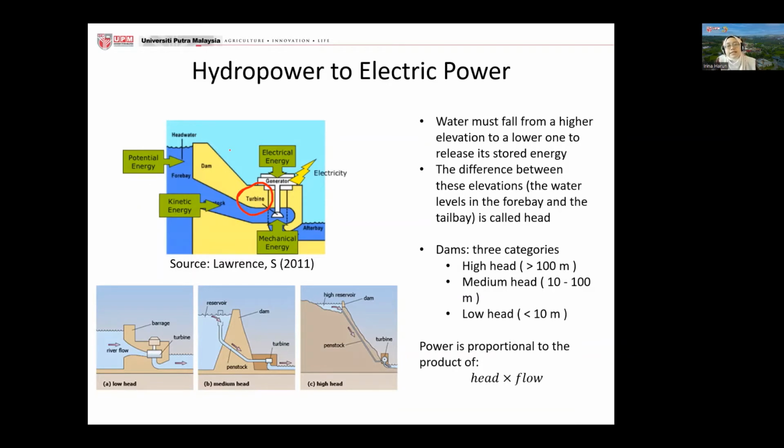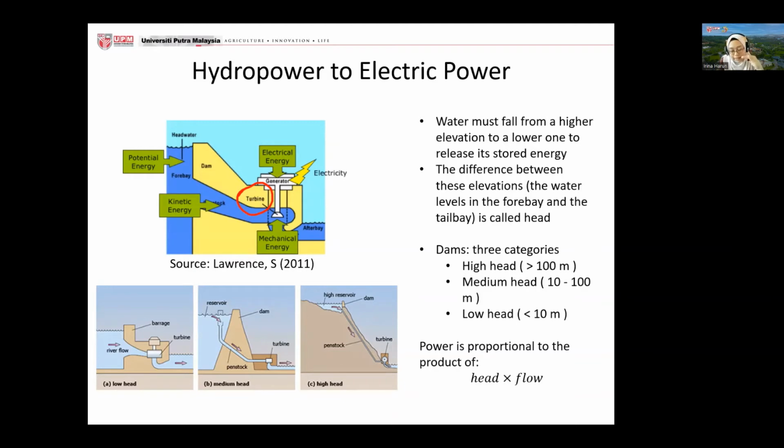So what's happening is, you have dams, and the general consideration is that the water is moving from a higher elevation to a lower elevation. And as it goes down, that difference in elevation translates into potential energy.